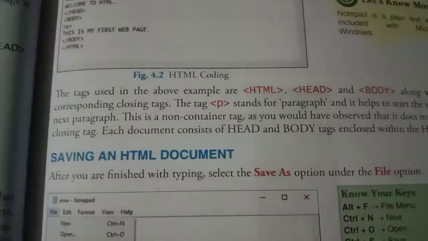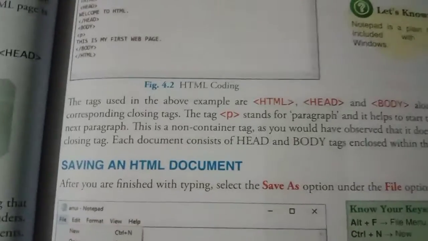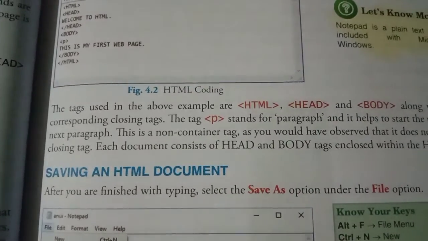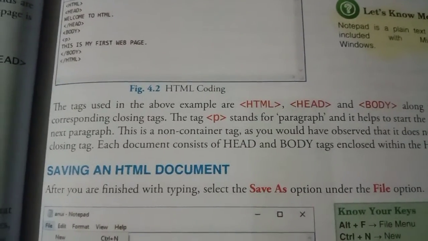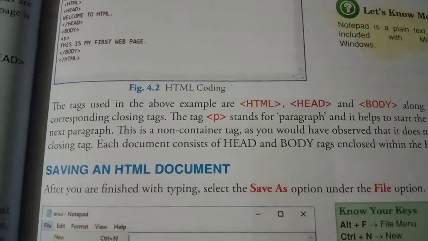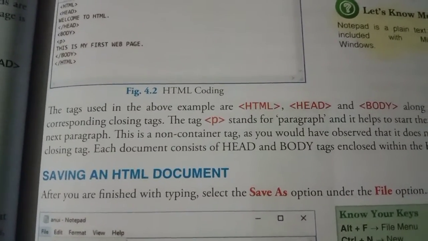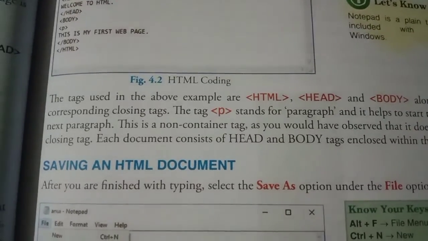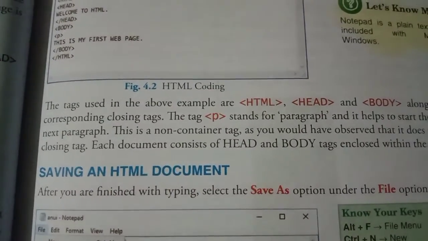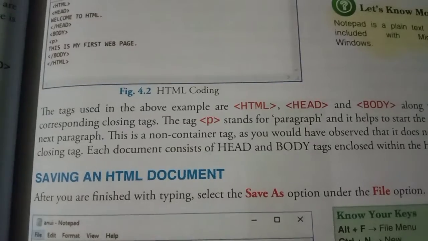That means whenever you write a program, you have to write backward slash HTML at the end of the program. Then the web browser will assume the commands are simple text.